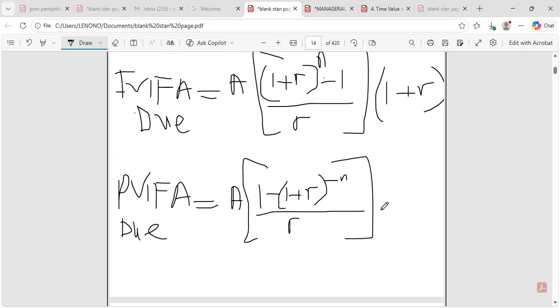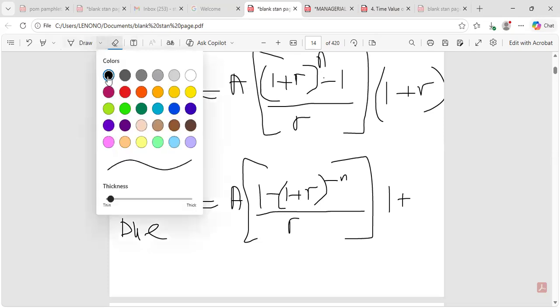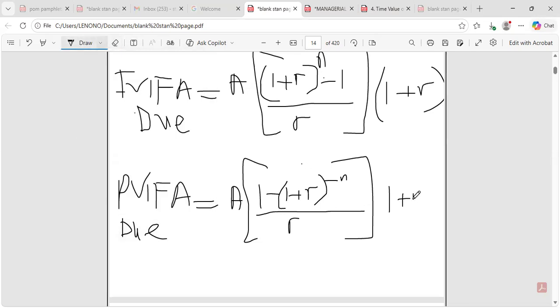Then you multiply by 1 plus r. Okay, so this is what goes on.